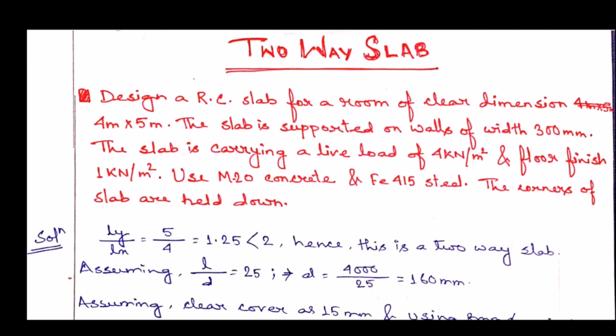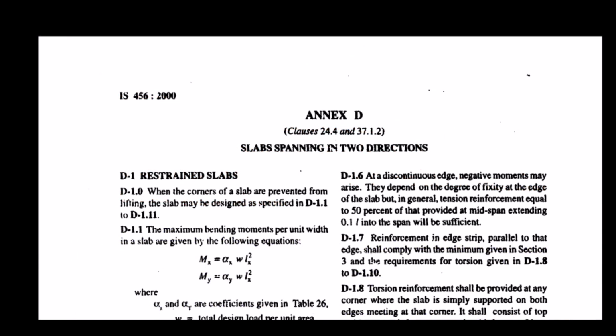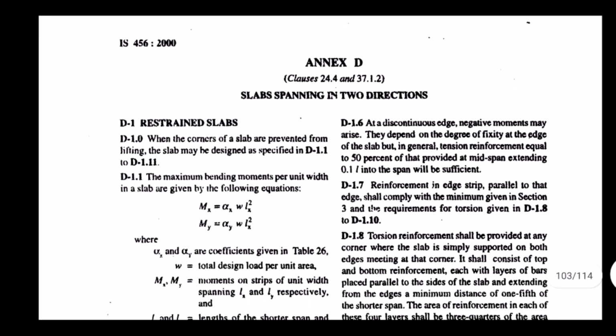The total consideration of the two-way slab is given in Annex D of IS 456-2000. So let's have a look at Annex D of IS 456-2000. This is Annex D: slab spanning in two directions. So these are the considerations.